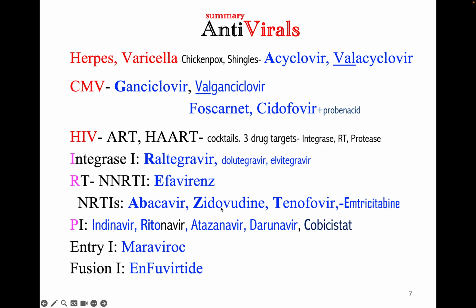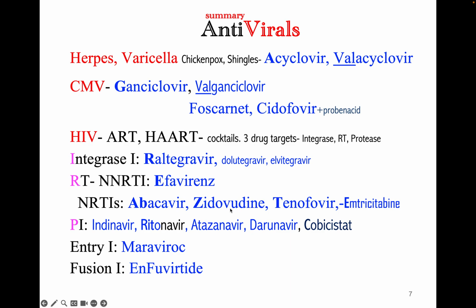In the United States, almost all the females who have HIV infection will receive Zidovudine just before the delivery to reduce the viral load, because this drug passes the blood-brain barrier and also passes the placenta. Therefore, we can give this drug to reduce the viral load and viral transmission.